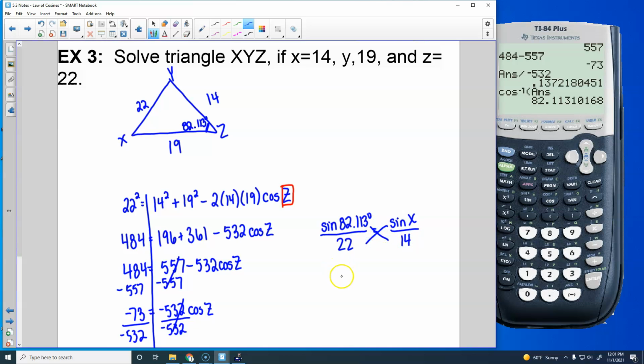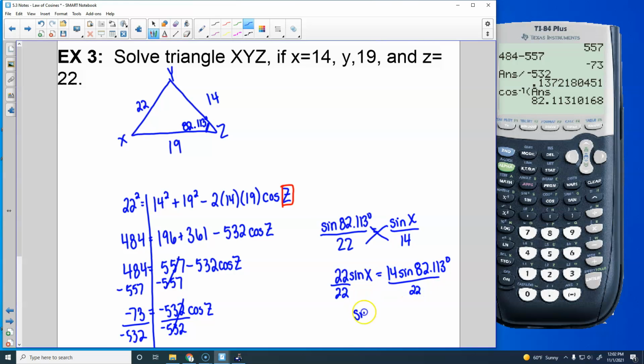And you're going to cross multiply. 22 sine x is going to equal 14 sine of 82.113. We'll divide by 22.